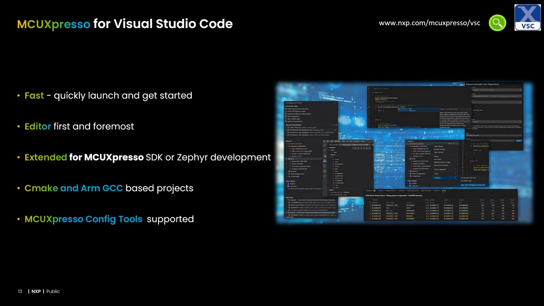And so it extends the base Visual Studio Code and allows you to develop within it. And then below you can see we've taken advantage of the very popular and easy to follow CMake and ARM GCC project environments. And then we are enabling our configuration tools for those that want to have the additional configuration of our devices or the peripherals.